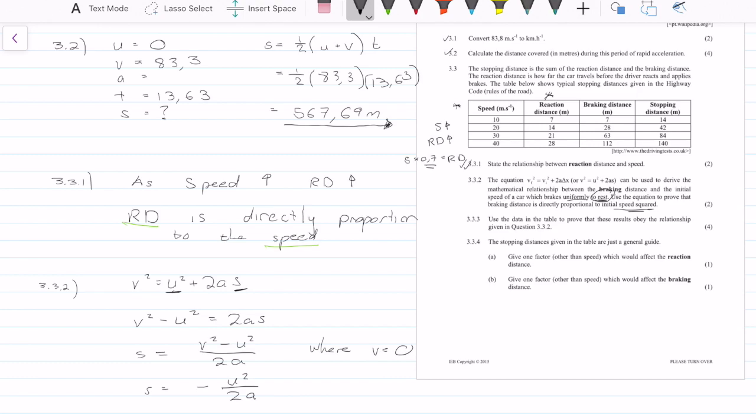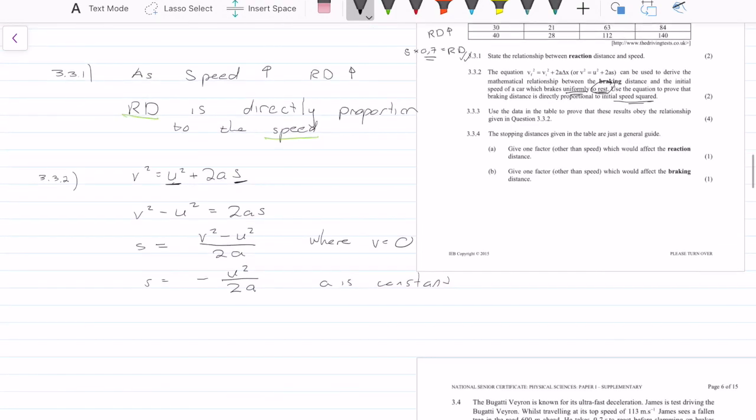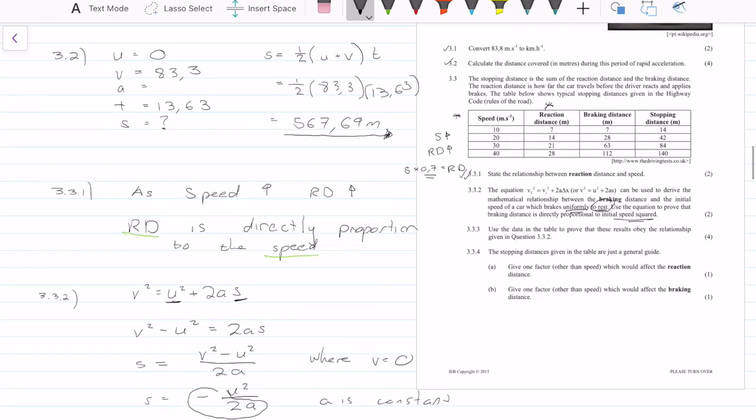It accelerates uniformly, so we know that a is constant, and 2 is obviously also a constant. So we can group the minus sign with 2a: 1 over minus 2a times u squared, and we let that equal k. So s is equal to k u squared. We've shown that s is directly proportional to some constant times u squared, and that has been shown.